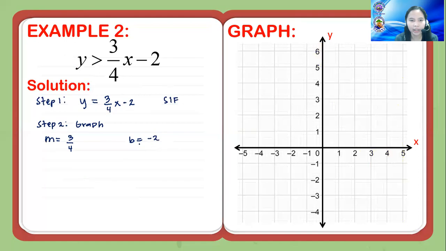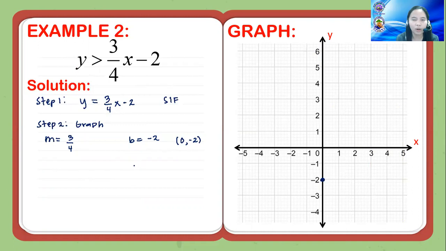Remember, in graphing slope-intercept form, you start with the y-intercept, which is 0, -2. We have to find where is 0, -2. This is 0, -2.